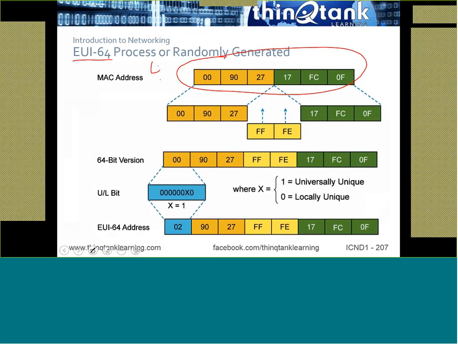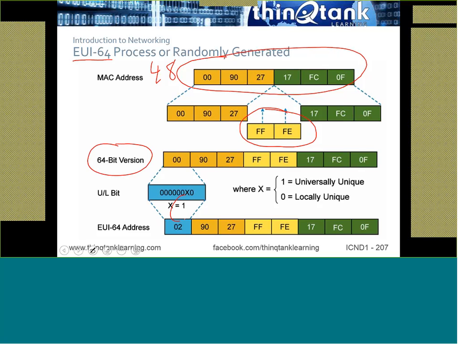If the MAC address is only 48 bits, we have to expand it. We add 16 bits in the middle, and it's always the same 16 bits, FFFE. Now this address is 64 bits. This becomes the host portion of the address for the client.